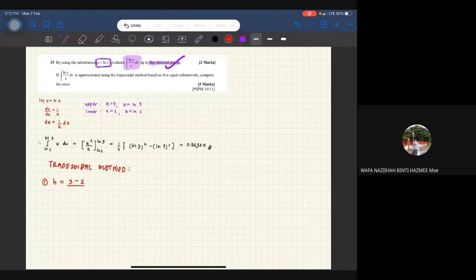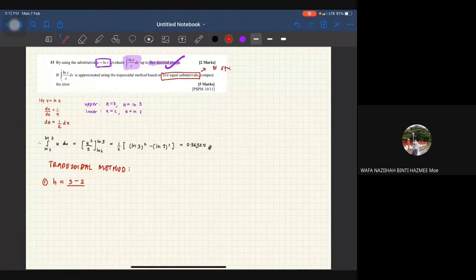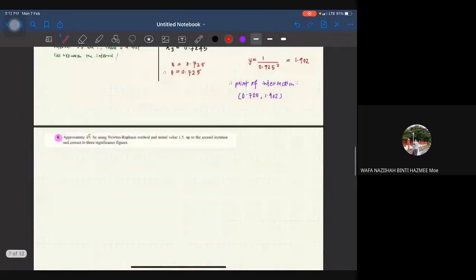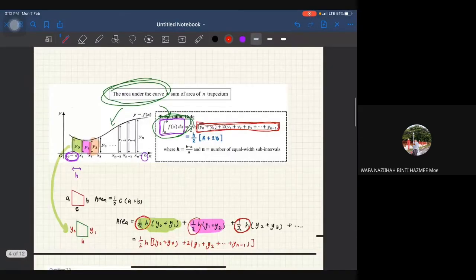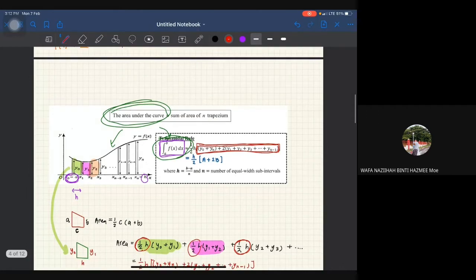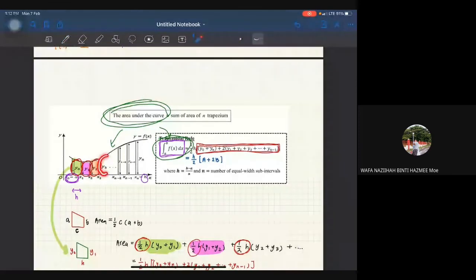Okay, so dekat sini dia cakap 5 equal subinterval. Okay, so maksud 5 equal subinterval is dia ada 5 strips. Dia ada 5 jalur, dia ada 5 trapezium. Okay, so kejap. Kalau saya bawa yang gambar tadi, this one. Okay, so dia nak 5 ni. This one ada 5. So 1, 2, 3, ada 4, sini ada 5.